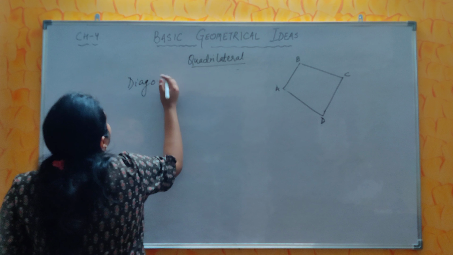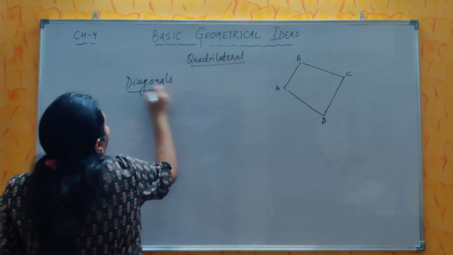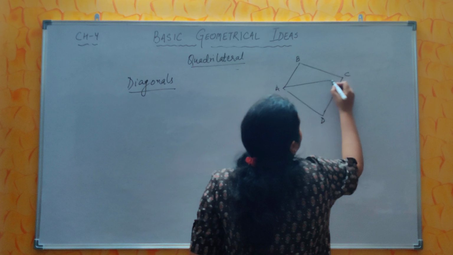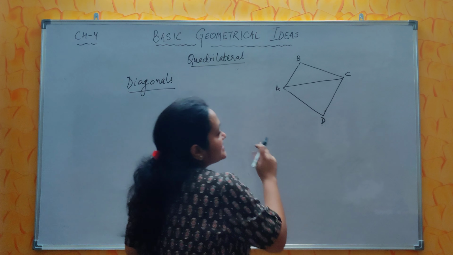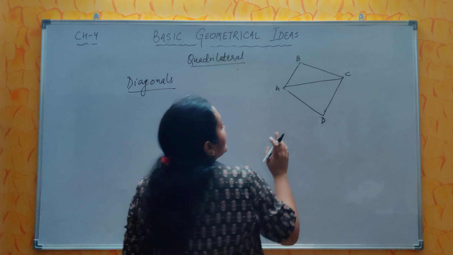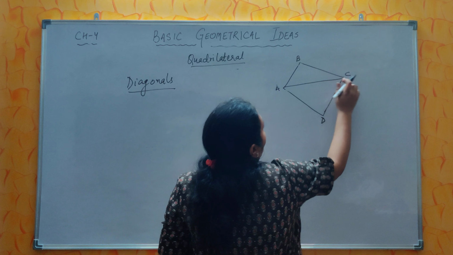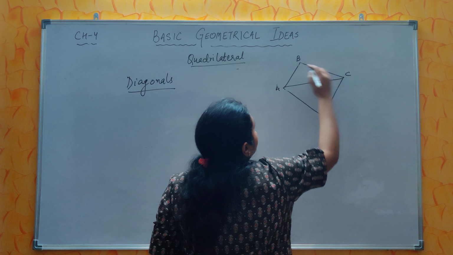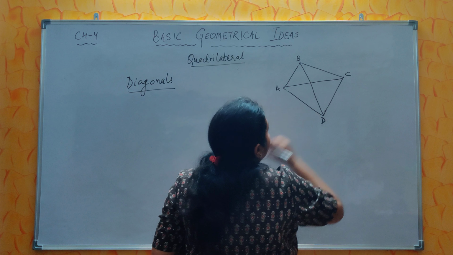Now let's see what are diagonals. Diagonals are the line segments joining the opposite vertices, like A and C. A and C both are opposite vertices. This is the line segment joining the opposite vertices. A and C, AC is a diagonal, and similarly BD is also a diagonal.